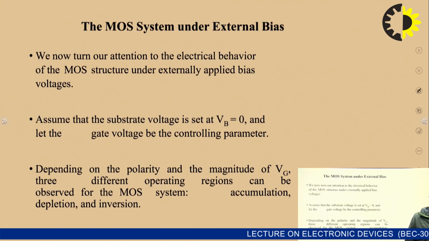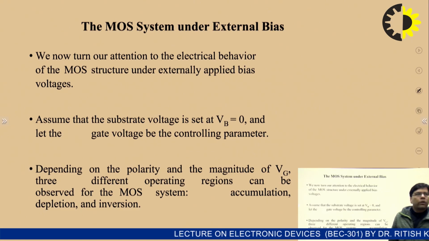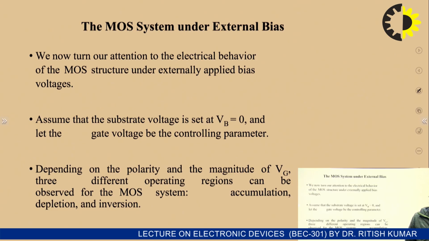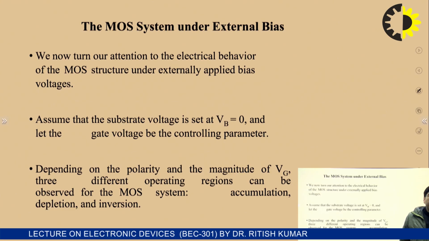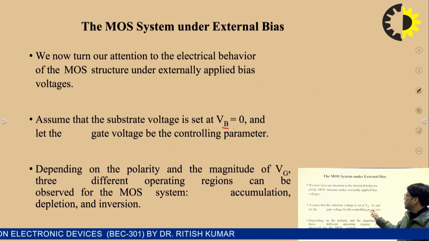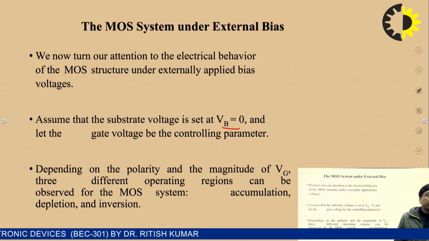Now the MOS system under external bias. We now turn our attention to the electrical behavior of the MOS structure under an externally applied bias voltage. Assume that the substrate voltage is set at VB equal to 0 and the gate voltage Vg is the controlling parameter.